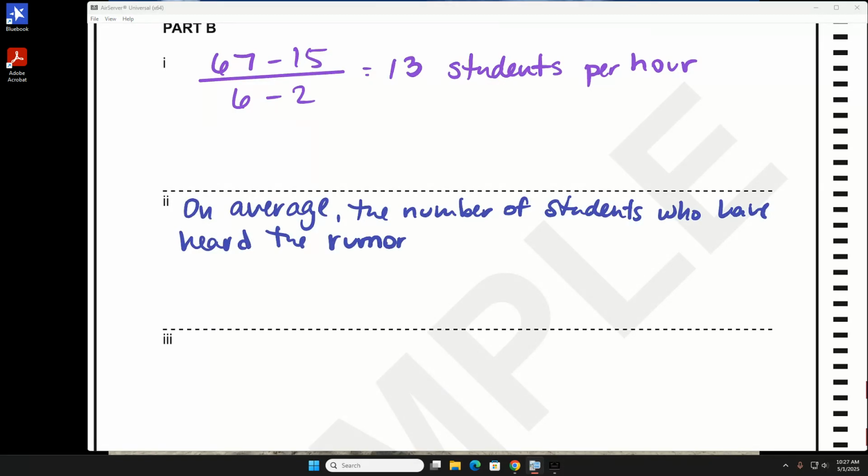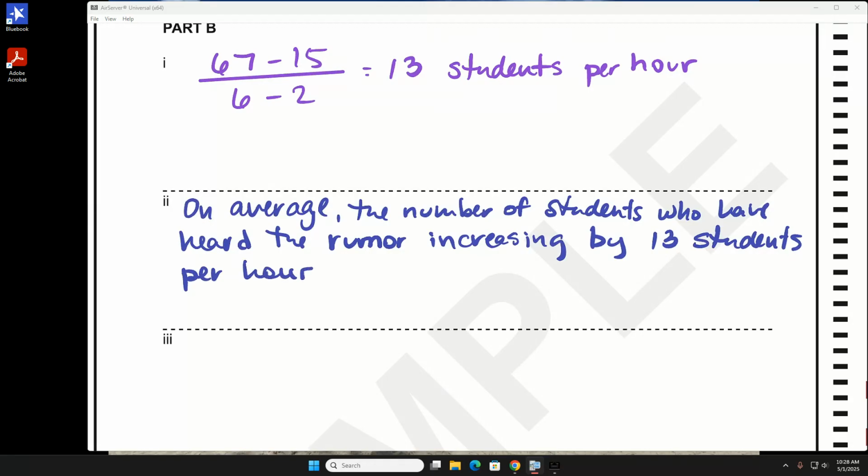All right, would you guys say that the number of students is increasing or decreasing? It should be increasing. So if your average rate of change is positive, this is increasing. If negative, it's decreasing. So increasing by 13 students per hour. And then we need to give the time span. So from T equals 2 to T equals 6 hours.